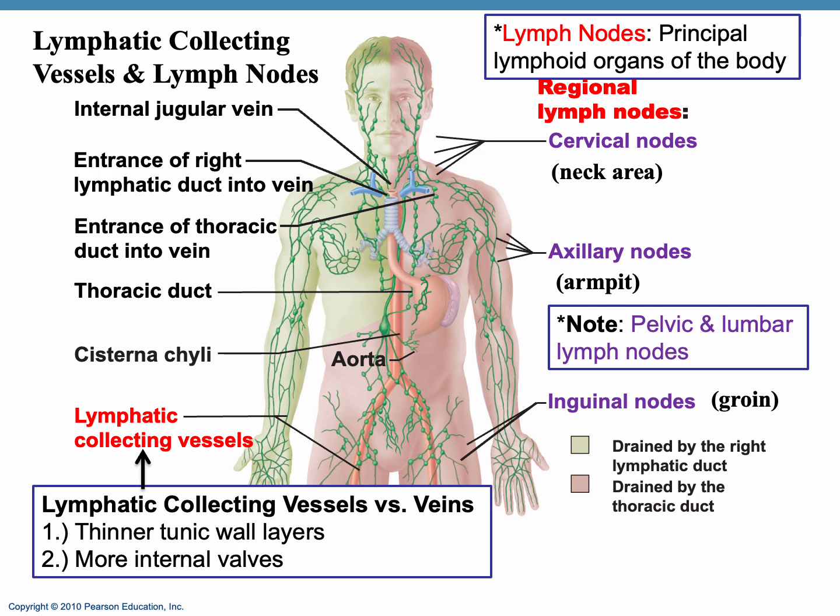The next thing we're going to take a look at are the lymph nodes. So lymph nodes are found throughout the body. They are considered to be the principal lymphoid organs of the body. So there are several regional areas where we find lymph nodes. So you have lymph nodes located in the neck area. These are called the cervical nodes.